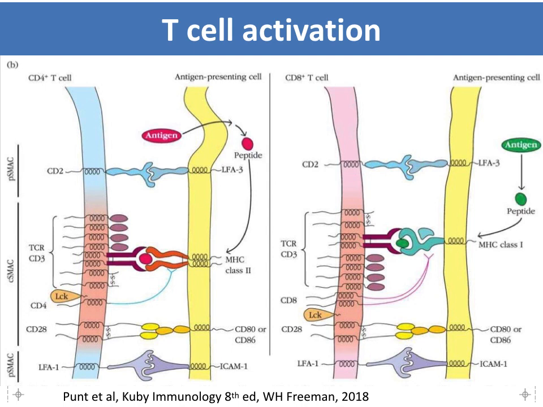So here is a comparison of the interactions that are present when a T cell gets activated. On the left side, you have a CD4 positive or helper T cell. On the right side, you have a CD8 positive or cytotoxic T cell. Colored yellow here would be your antigen presenting cell, and then on the left side of each diagram, you have your T cell, CD4 or CD8. So important for initial activation would be the interaction of your T cell receptor with the peptide MHC complex.